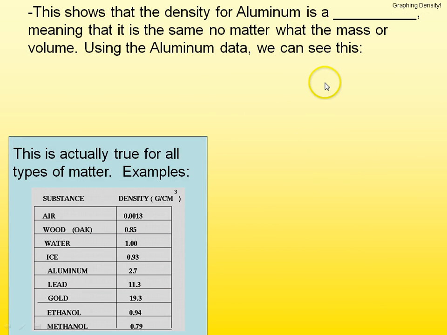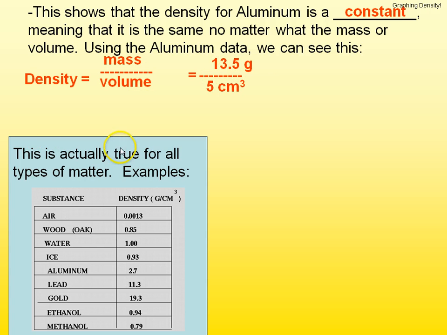Okay, so it shows that the density for aluminum is a constant, meaning that it's the same no matter what the mass or volume. And this is true for all types of matter. Okay, so you can put that on your notes.